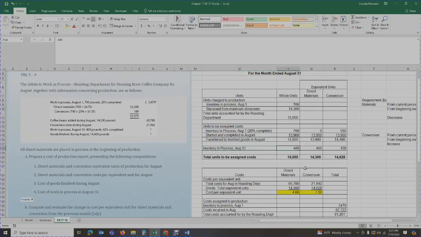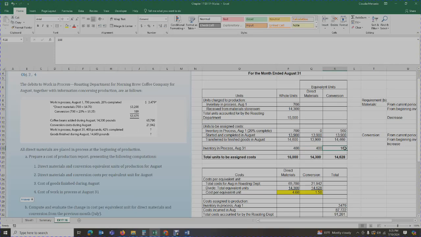The same thing if we're rolling over, like the case here where we have ending inventory that we started but did not complete. We've got 400 pounds that is not completed. This month is when we put it into production. I am going to charge the entire 400 pounds to my direct materials, and I'm only going to charge 42% to my conversion cost because that is what's completed in the month of August.